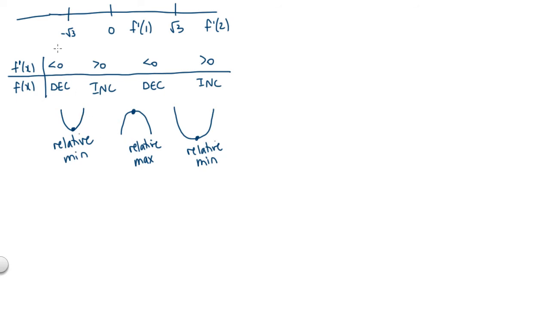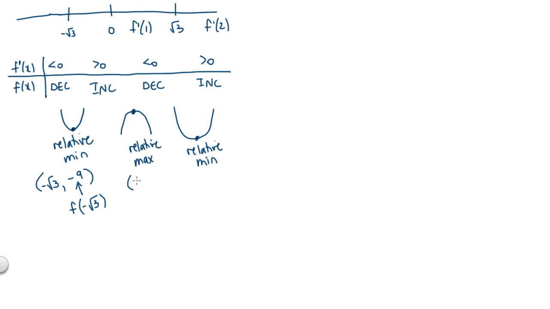Now to get the coordinates of those points. Well, the relative min happens at the x value, -√3, and to get the y value, we need to go back to our original function. That's the function that we're going to be sketching at the end of the problem. So we need the y value belonging to the function. Just plug -√3 into your function, and you can check that you get a y value of -9.